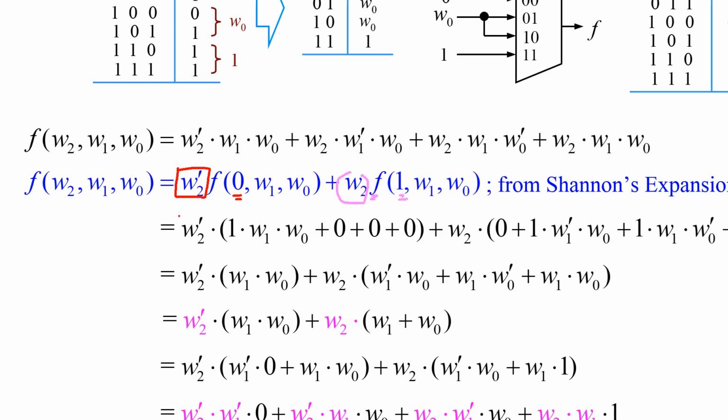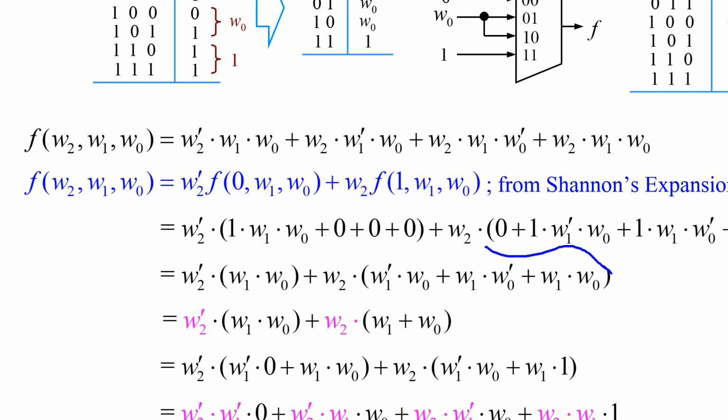This is W2 prime and W2. When the value of W2 in the function is 0, this term becomes 1. 1 and W1, W0. This term becomes 0. This term becomes 0. This term becomes 0.